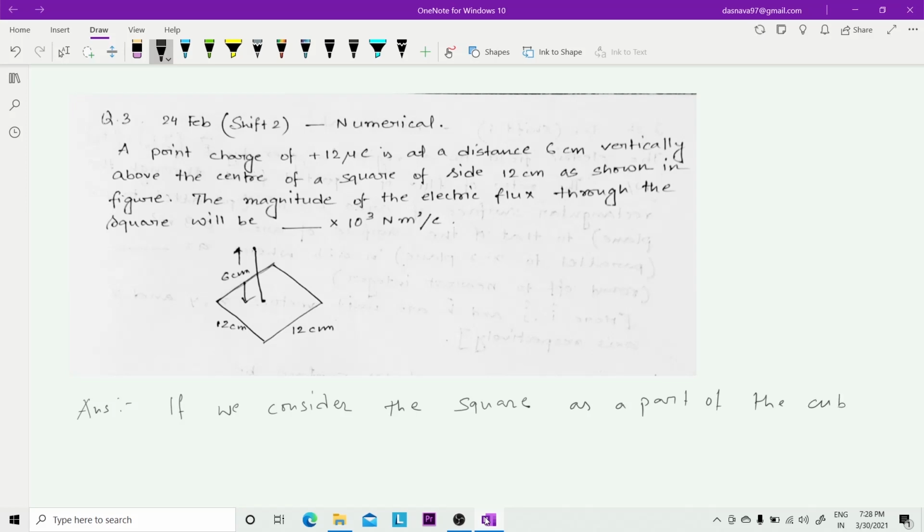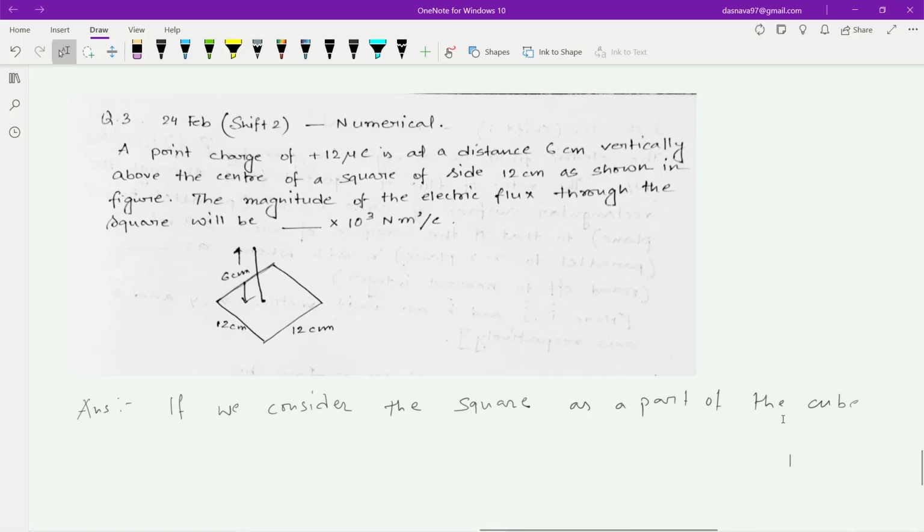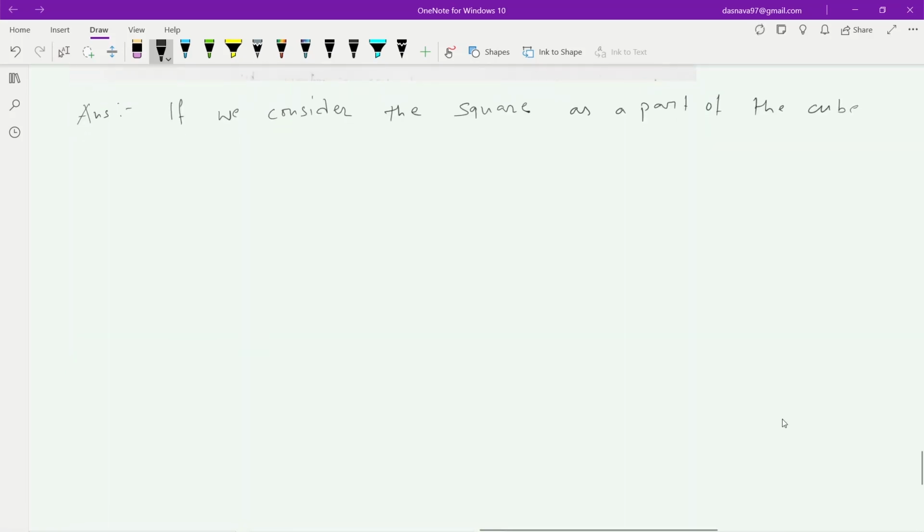What are we doing here? We are making the square a part of a cube. So let me draw the cube. Okay, so each side is 12 centimeter, and the point charge lies 6 centimeter above the square surface.